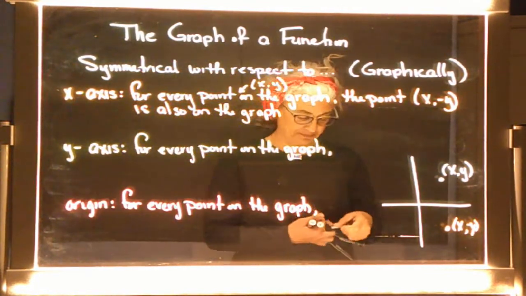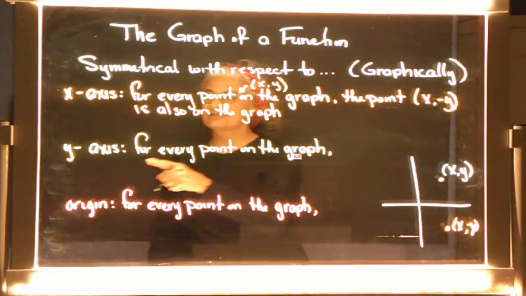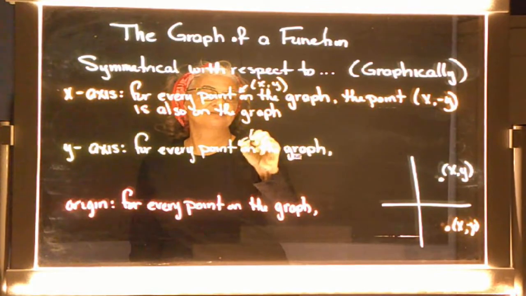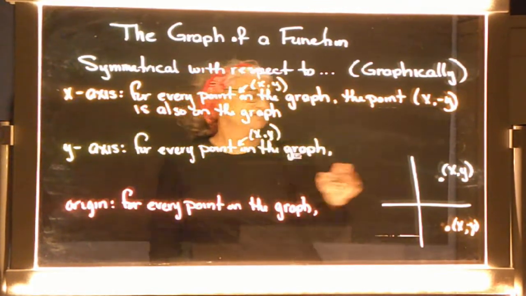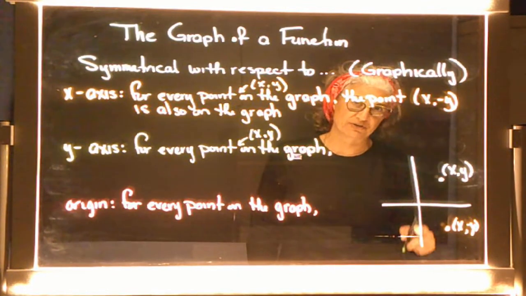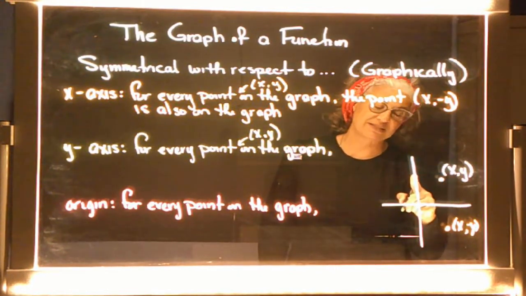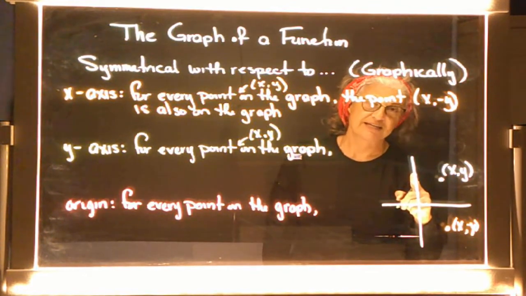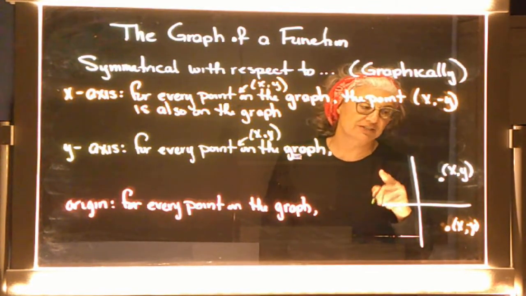Good? Okay, so let's look at the next one, y-axis symmetry. For every point x, y on the graph, now the y-axis is acting like the mirror. So when this point looks at itself in the mirror, where will its reflection be, so to speak? Yeah, it ends up over here in quadrant 2, doesn't it?